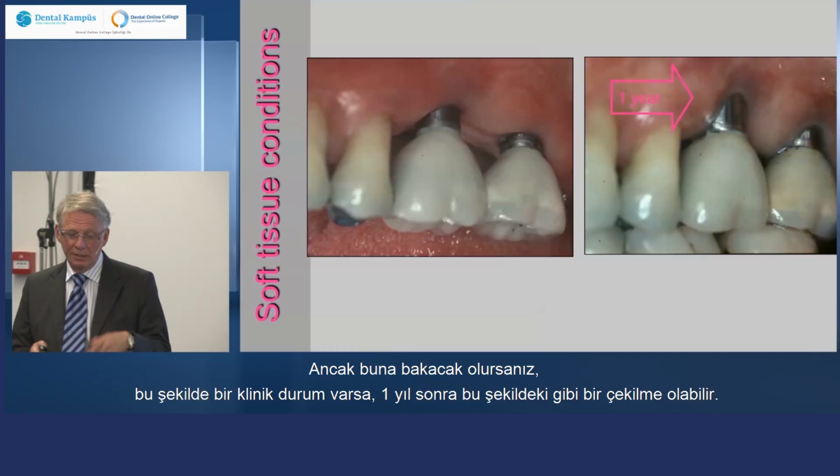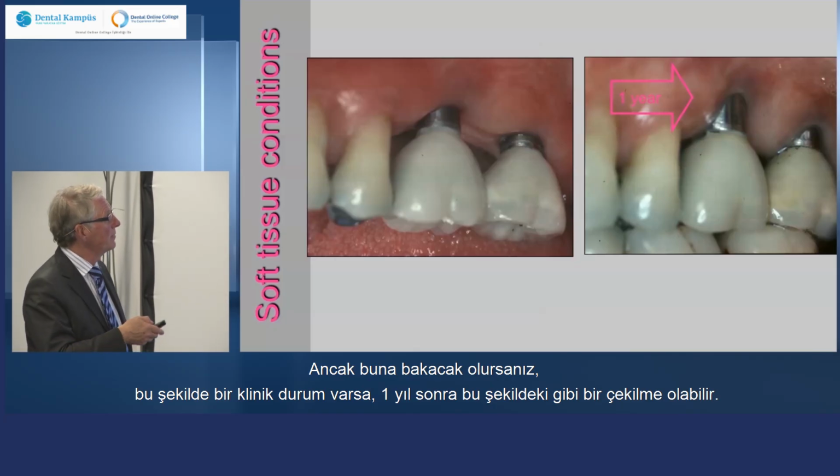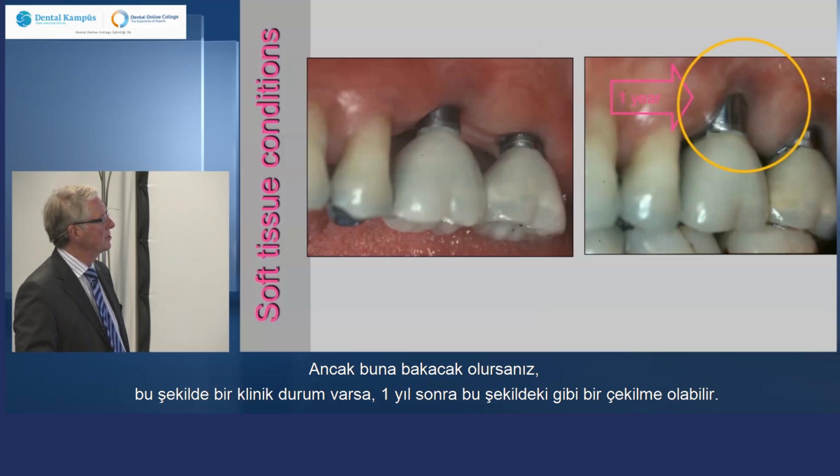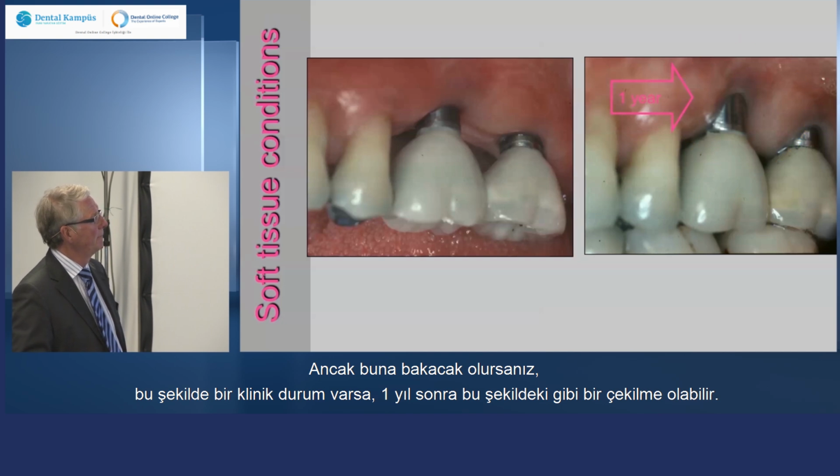However, if you look at this, if there is this type of clinical situation, it could lead to recession, as you can see down here. 1 year later, you have a recession around this first implant here.